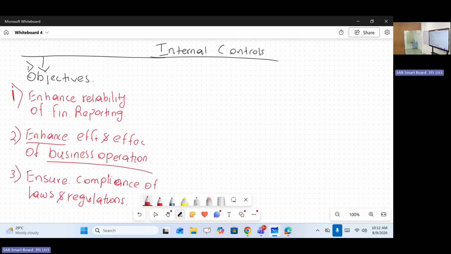Likewise, each and every internal control has a specific intended objective, and those can be classified under one of these main objectives. Each internal control has different objectives, so if there are 100 internal controls, there are 100 objectives, and those 100 objectives can be classified under these main objectives.